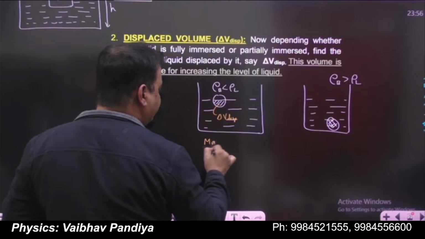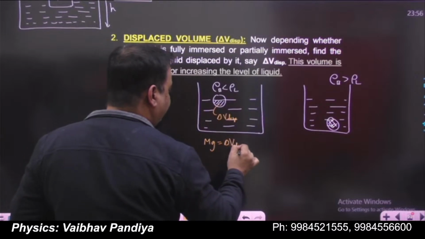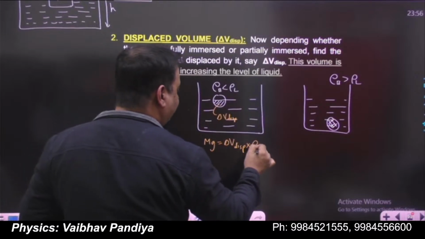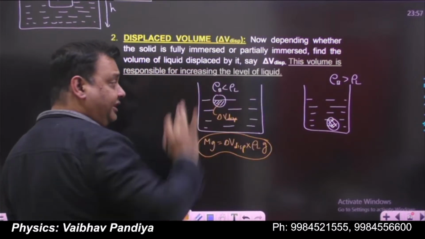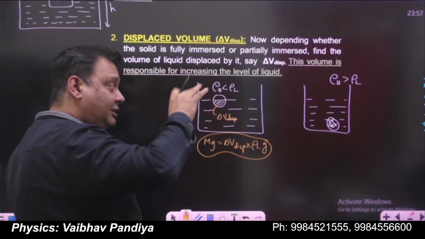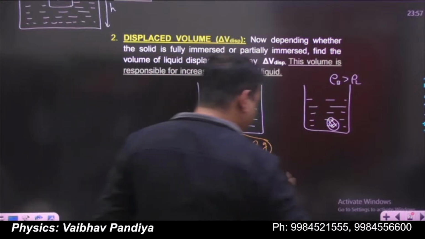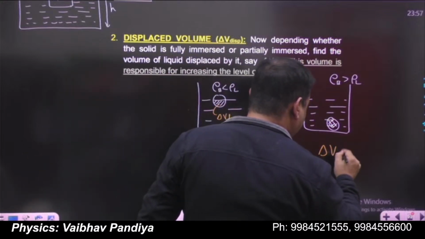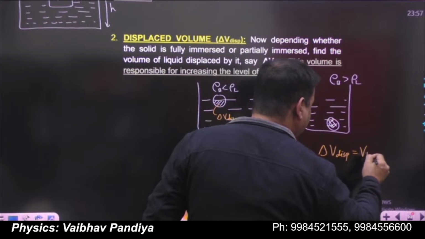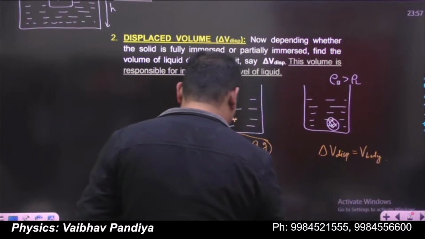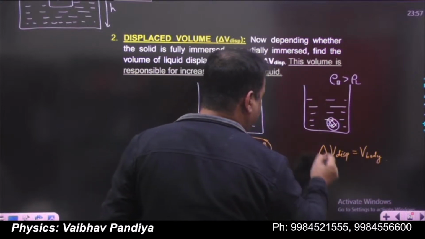So you can write mg is equal to delta V displaced into density of the liquid into g when the body is floating. In this case, since the whole object is completely inside the liquid, delta V displaced will simply be the volume of the body, correct? Because the whole body is inside the liquid.